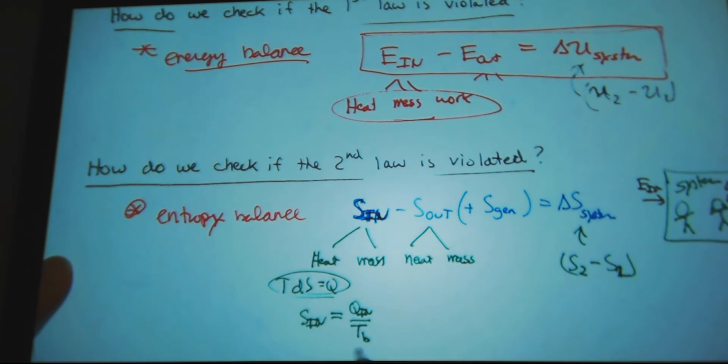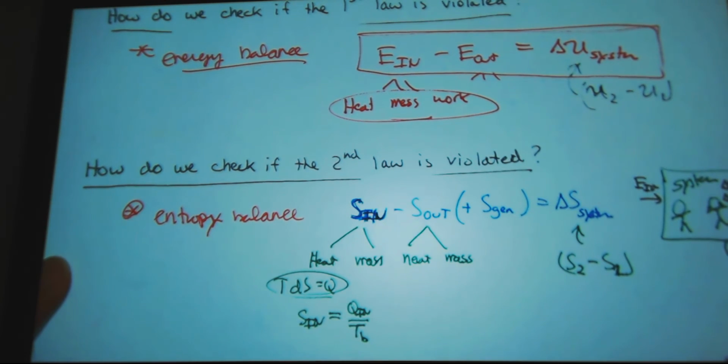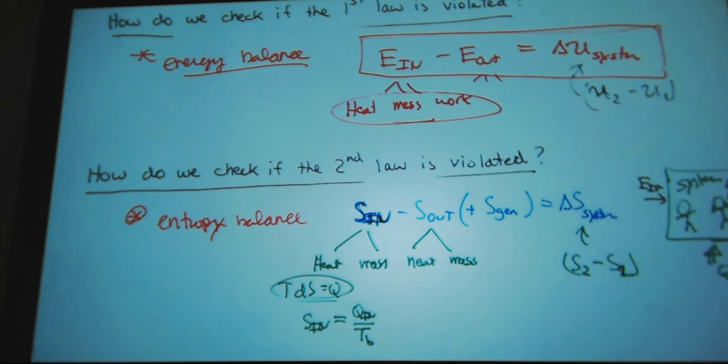So I had this TdS question, and you see that. What's the B stand for? Boundary temperature. So I'm going to have some heat in, and right here there's going to be a boundary temperature where the heat is coming in. Yes?